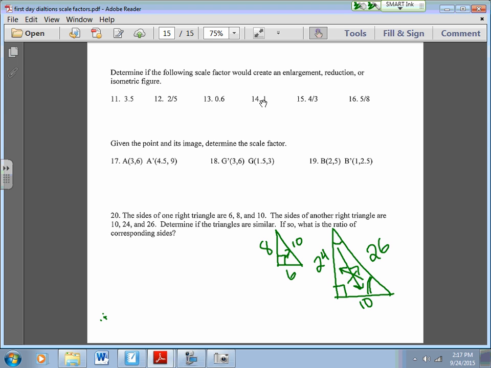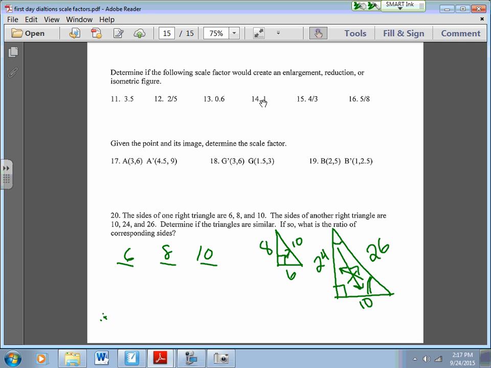Do you remember what we were just doing right now to solve for missing sides? And how you guys were setting up proportions? Well, you can do this. 6, 8, and 10, set them over the sides that correspond to those on the other figure.